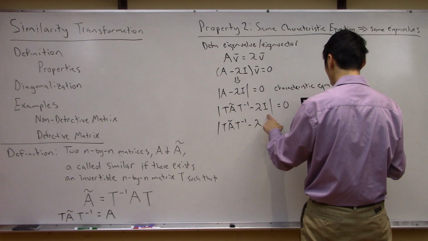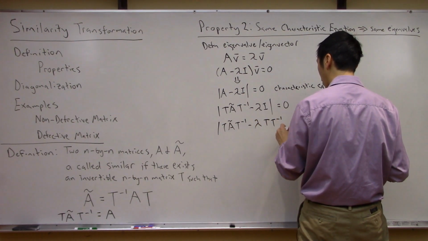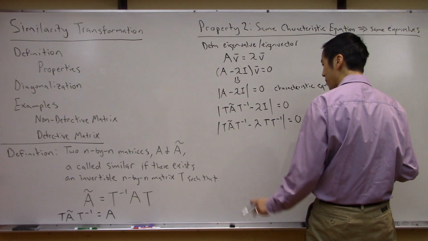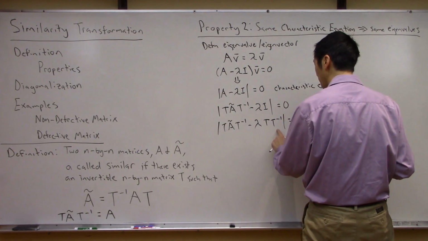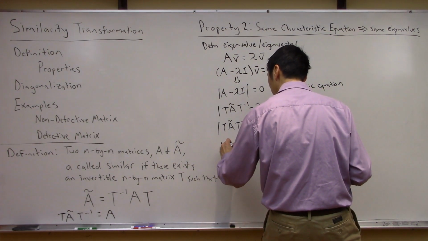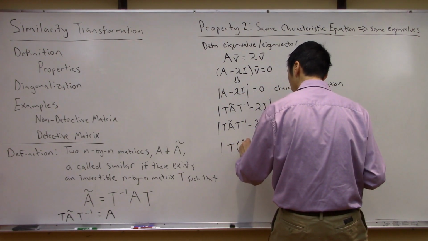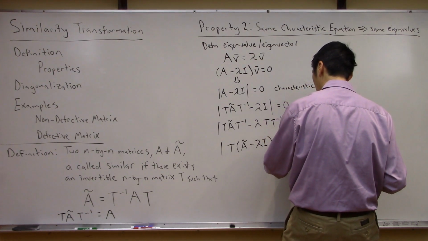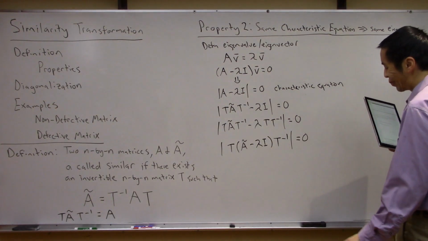The identity matrix I can write as T times T inverse, if I want. That's going to allow me to left factor out a T and right factor out a T inverse. So we end up with T times the quantity A tilde minus lambda identity matrix, and then T inverse. The determinant of that whole thing has got to equal 0.